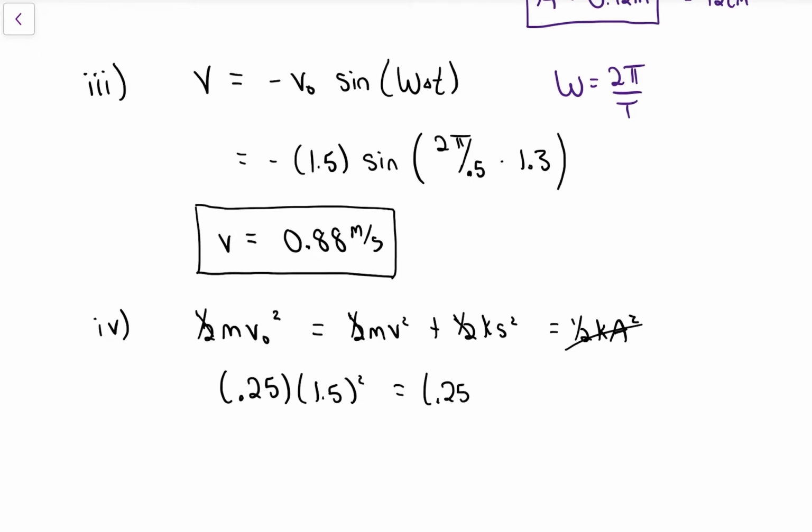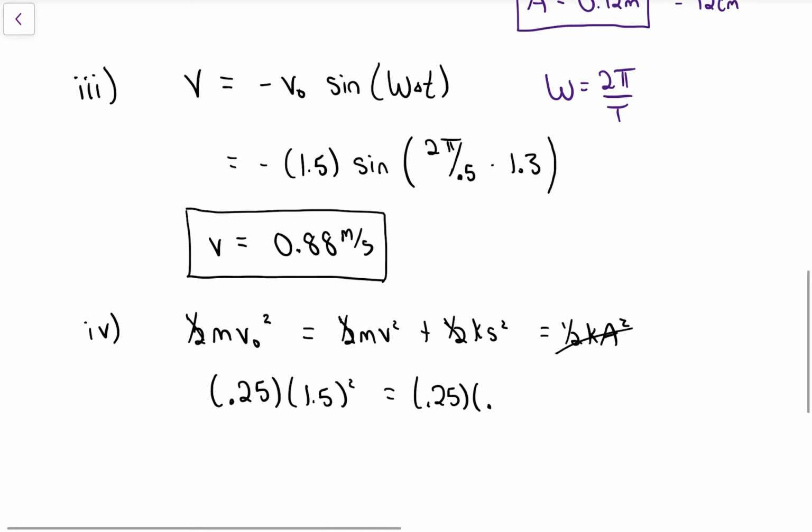Again, mass was 0.25. We're curious about where it is when its speed has dropped to 0.5. The k, I'm not going to do another version. I'm just going to put in my rounded value for k. I don't think it's worth doing any 2 pi over t to try and avoid the k. And then I'm solving for s squared.